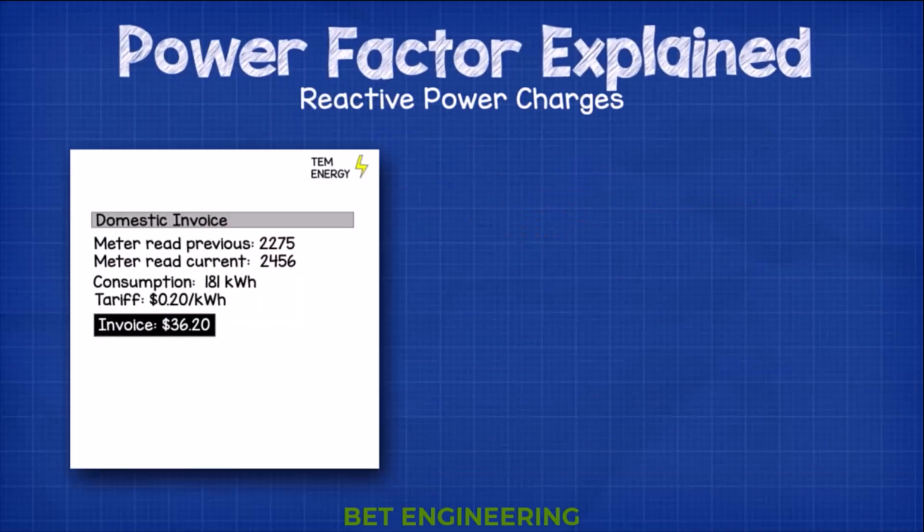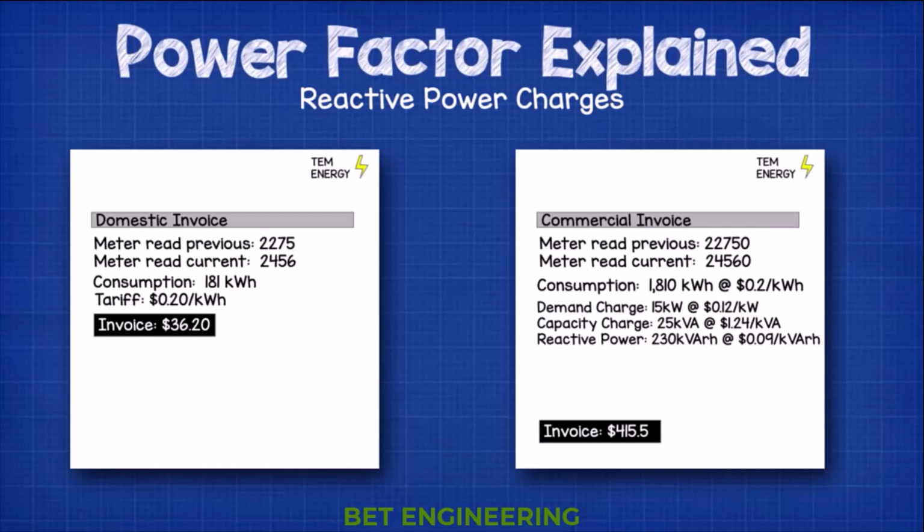If we look at a typical residential electricity bill, then we'll typically see just a fee for the amount of kilowatt hours used, because the power factor and the electricity consumption will be very low, so electricity companies tend to not worry about this. However, on commercial and industrial electricity invoices, especially buildings with smart or interval electricity meters, then we'll likely see charges and information for the amount of kilowatts, kilowatt hours, kilovolt amps, and kilovolt amps reactive used.